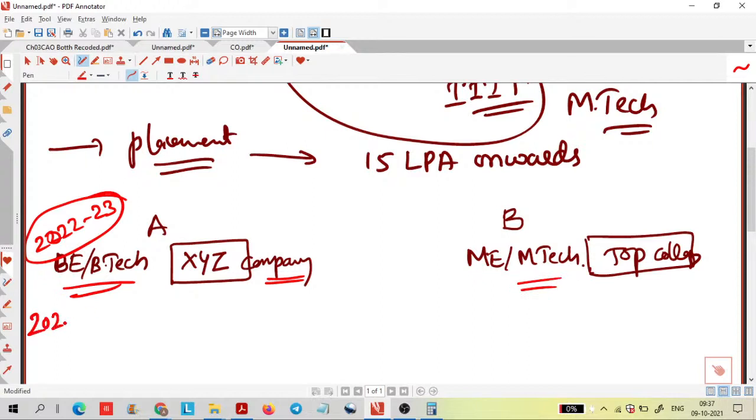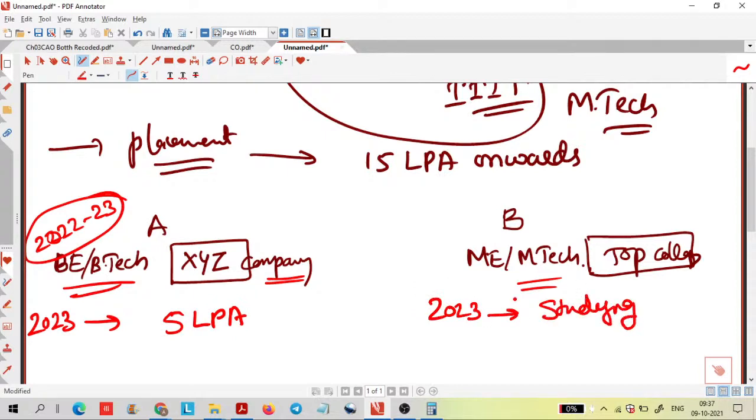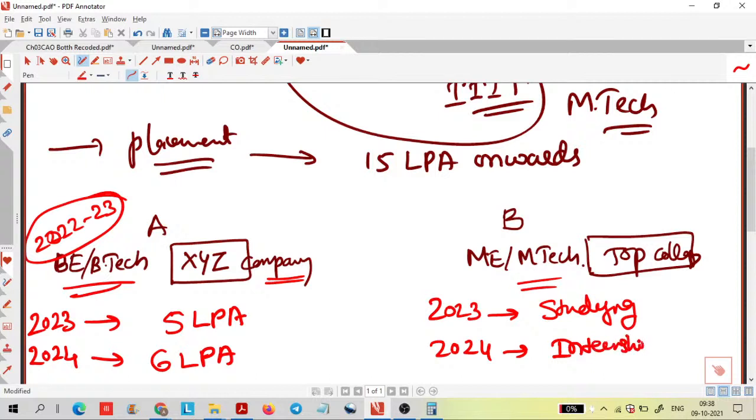During 2023, A is getting a salary of around 5 LPA. In 2023, B is studying. In 2024, A is getting around 6 LPA, an increment of 1 lakh. In 2024, B will get an internship in the second year in campus itself, around 5 to 6 LPA.